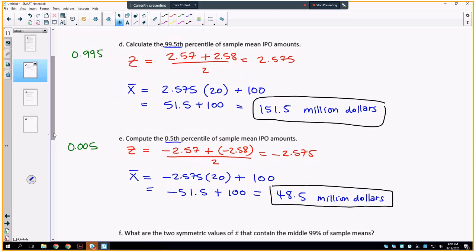So what I should have done, first of all, way back in Part D, is draw my normal curve, because we should always draw our normal curve. We should throw right down here in the middle, our mu x bar is 100.